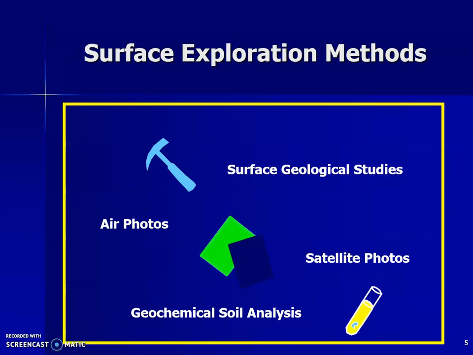So now the surface exploration methods, there are multiple of them. Aerial and satellite surveys may provide the same type of information as that provided by field surface geological studies, and surface geochemical analysis can also provide indication of the presence of subsurface reservoirs.